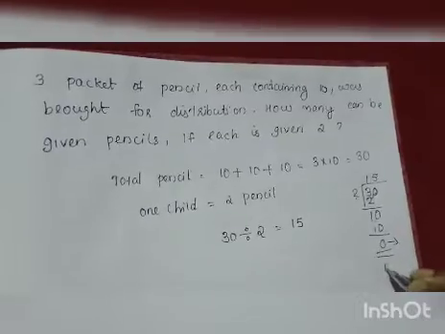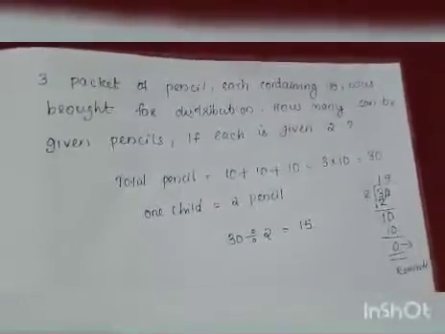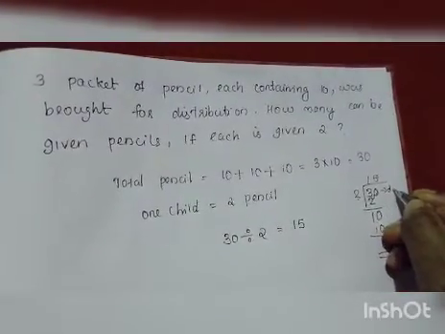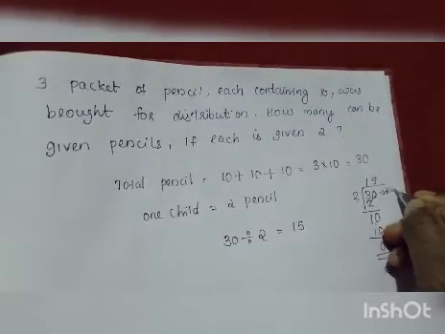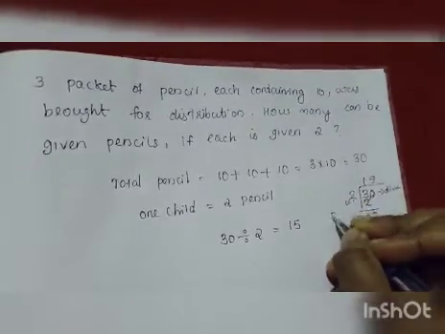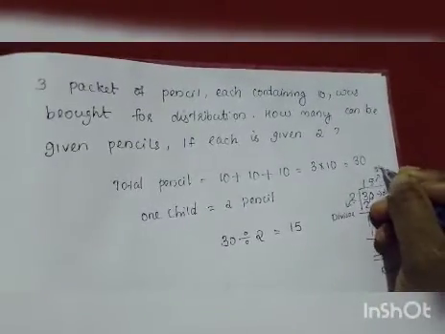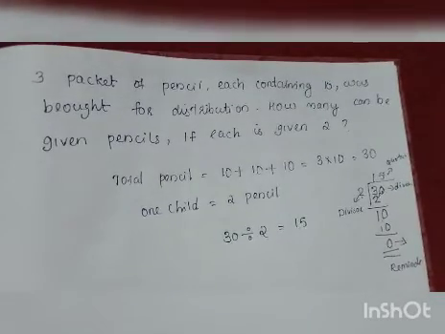This is the remainder portion. Remainder is what is left after dividing. This is the dividend and this is the divisor. And this is the quotient. These are some terms relating to division.